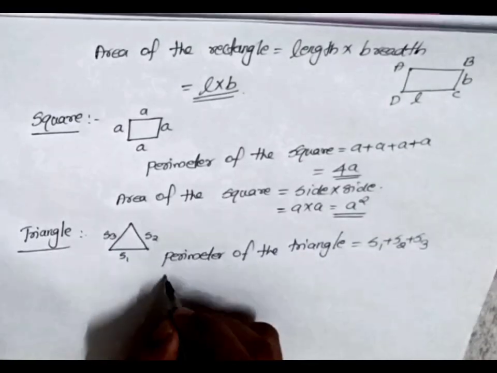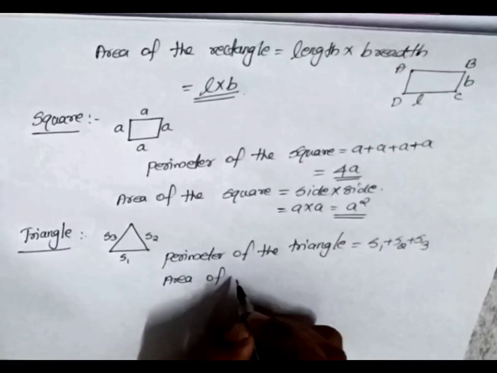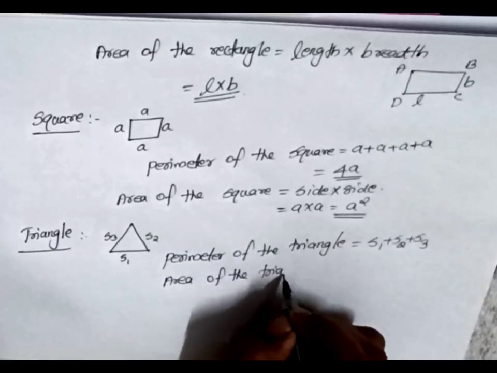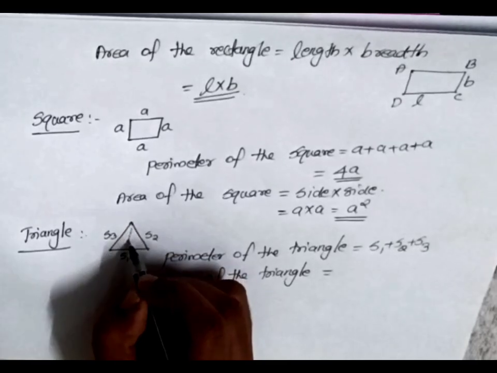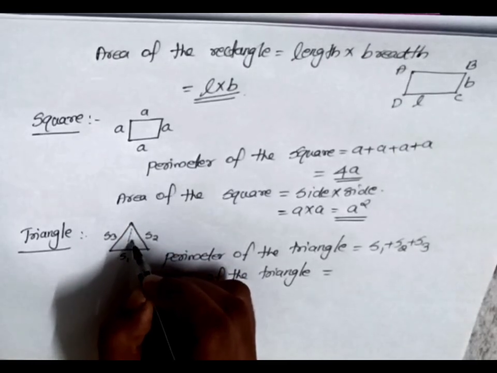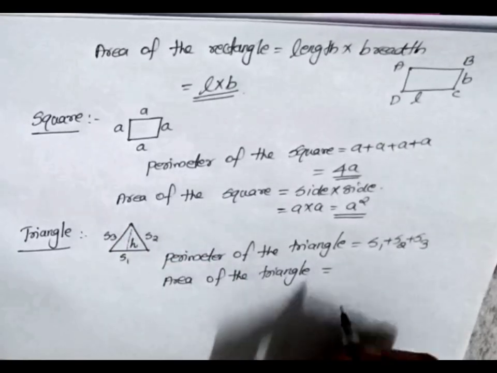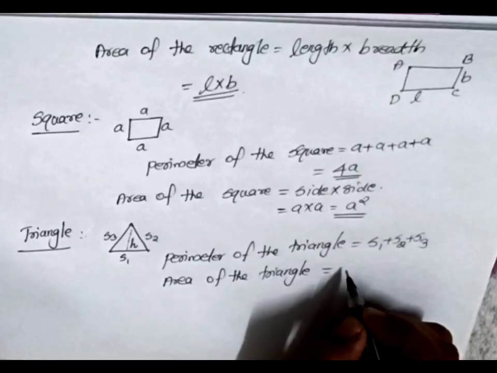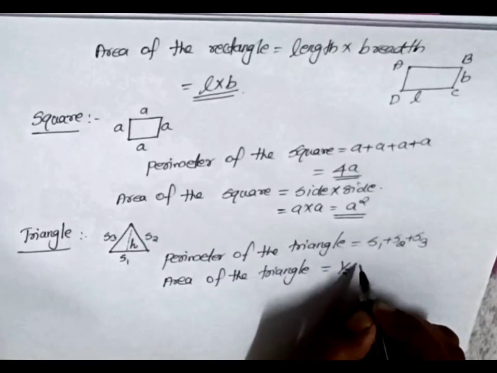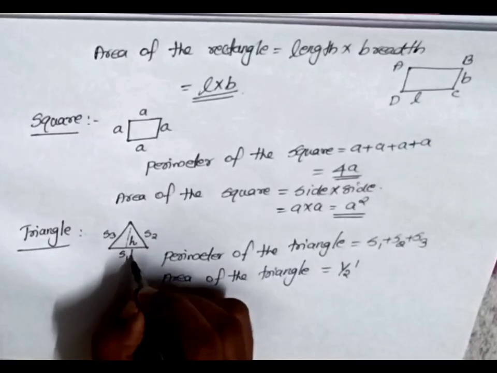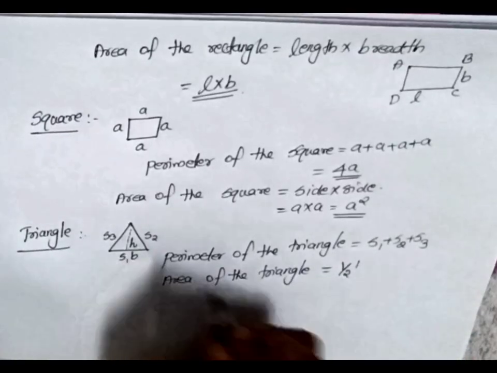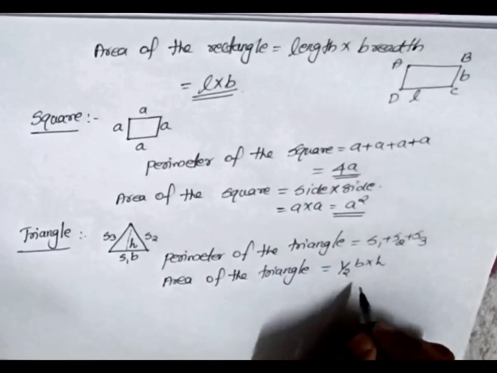And area of the triangle. Here we have to draw a perpendicular line. It is the height of the triangle. It is denoted by h. Therefore, the area of the triangle is half into base into height. Here the base is b. Therefore, half into b into h.